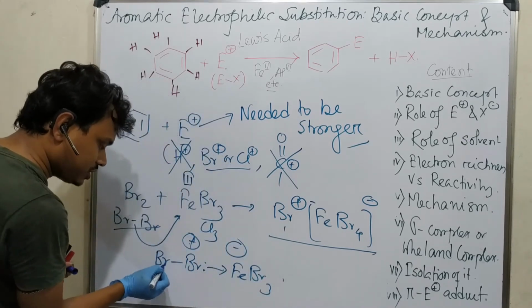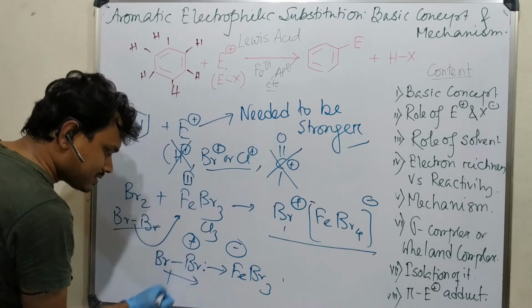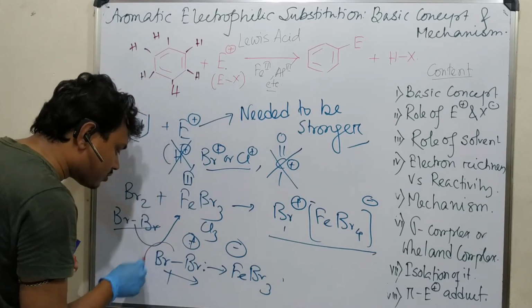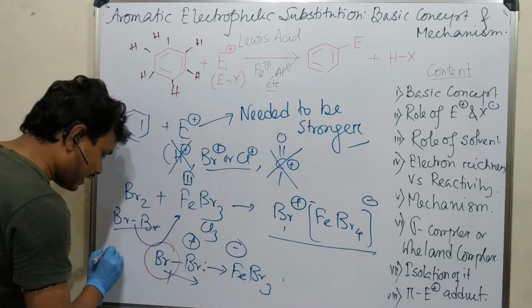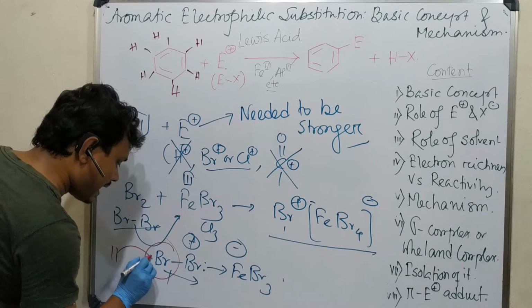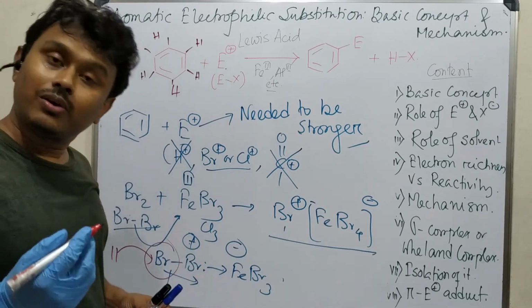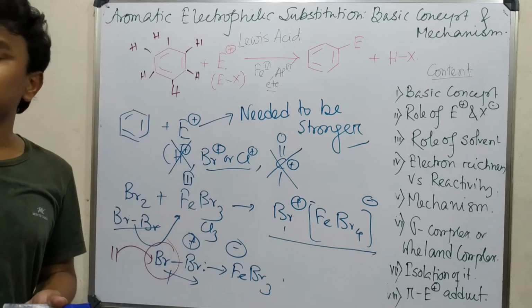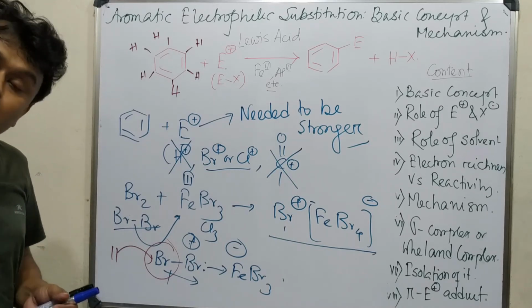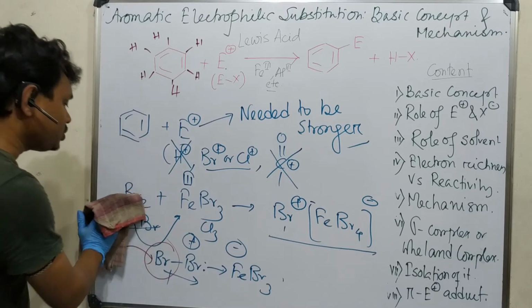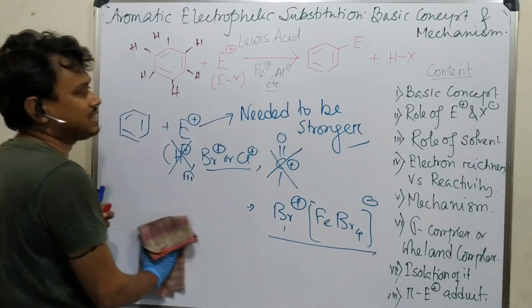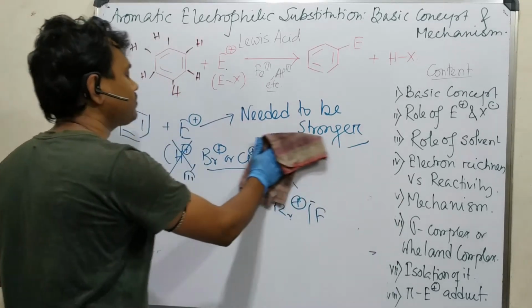If it is a plus charge, it will pull the electron density from this, and ultimately this bromine will be highly electron deficient. So the pi cloud electrons will attack here and the reaction will proceed. This is based on the physical evidence that if you put alkene and bromine, the reaction happens. But if you provide benzene and bromine, the reaction doesn't happen unless you put in a Lewis acid catalyst. Okay, fine.